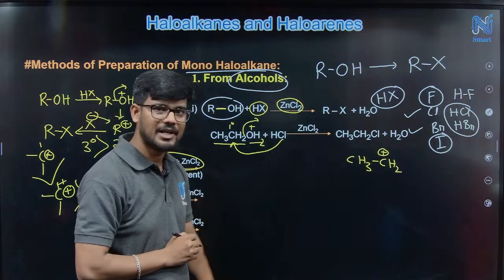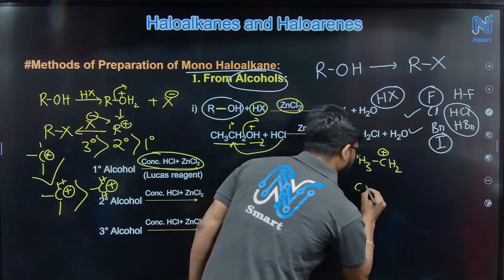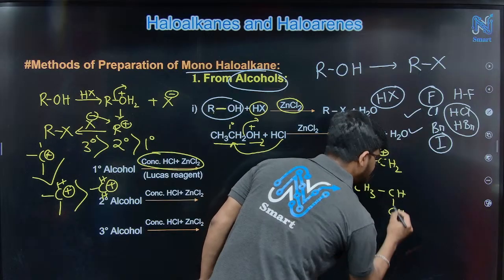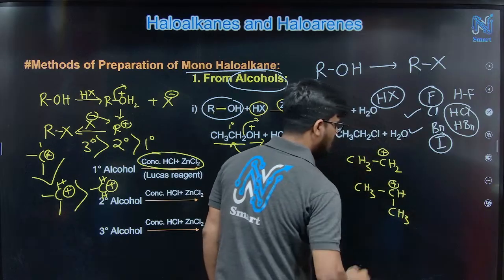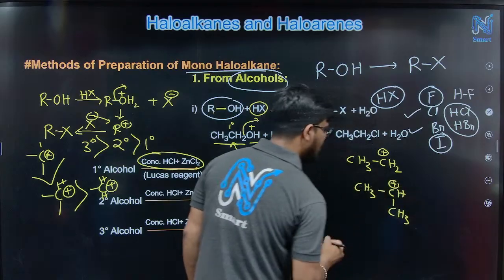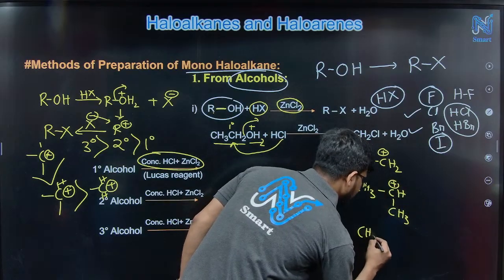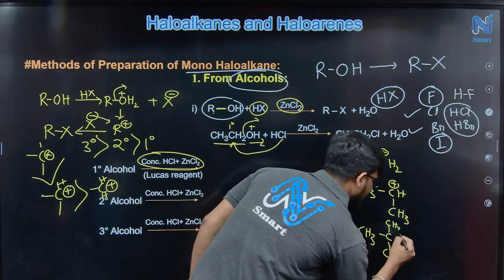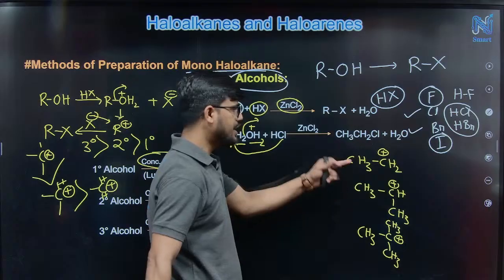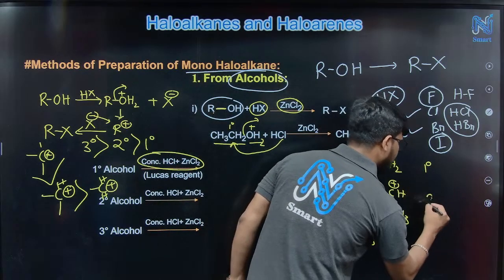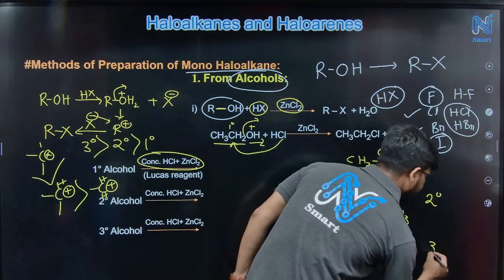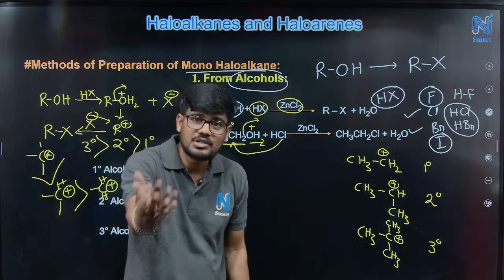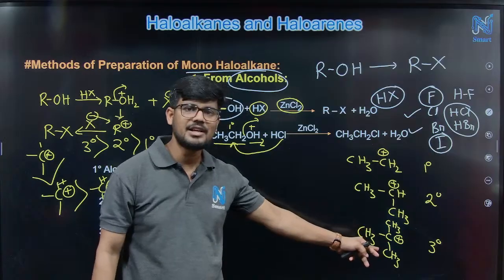This is a 1 degree carbocation. Now CH3 bond CH, and here let's consider CH3 plus, okay, 1, 2, 3, 4. So this is 2 degree, and CH3 bond C, CH3 and CH3, and here positive. So here we have 1 degree, here 2 degree, and here 3 degree. Now tell me which carbocation is most stable. Obviously 3 degree carbocation, right?